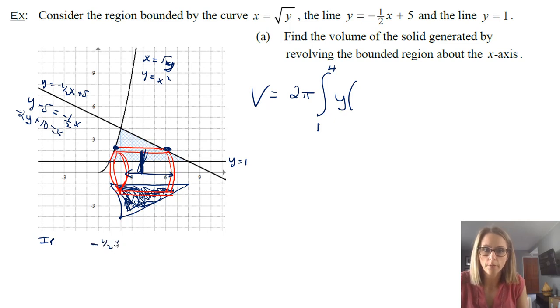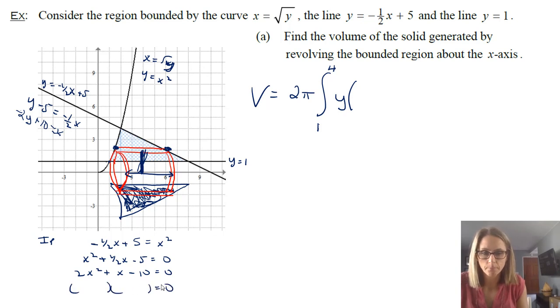So negative 1/2 x plus 5 should equal x squared. That gives me x squared plus 1/2 x minus 5 equals 0 if I bring everything to one side. If I don't like that, I could multiply through by 2, which at least helps me out. Then I could factor it, which gives a 2x and an x.